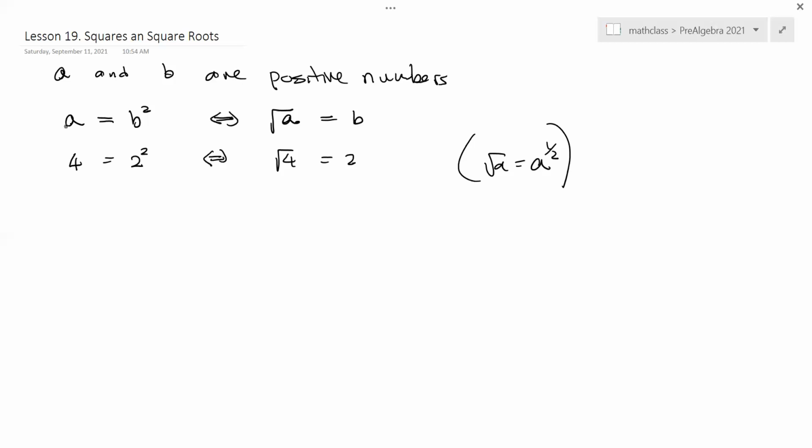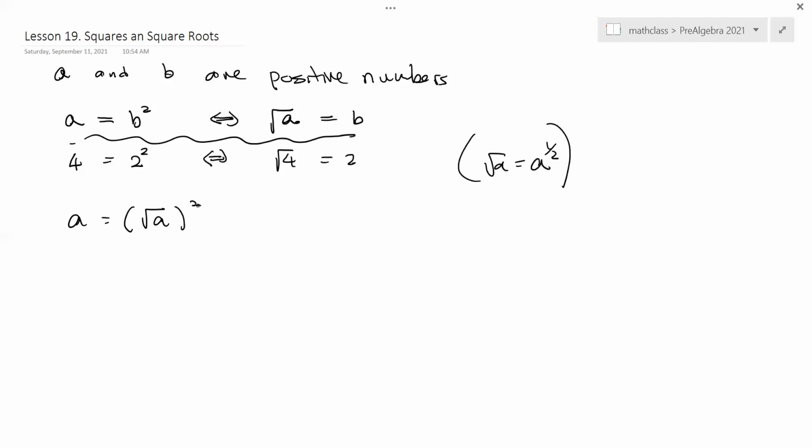Now let's look at this relationship. If I replace b by square root of a, because b equals square root of a, I put it into the formula on the left-hand side, and you have this side.